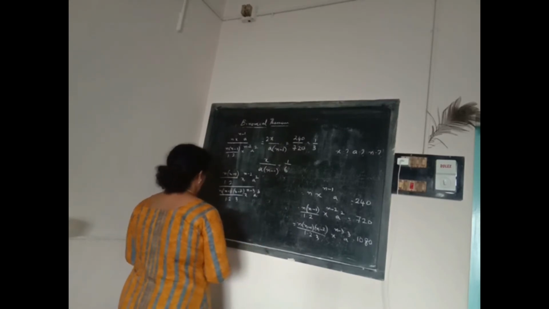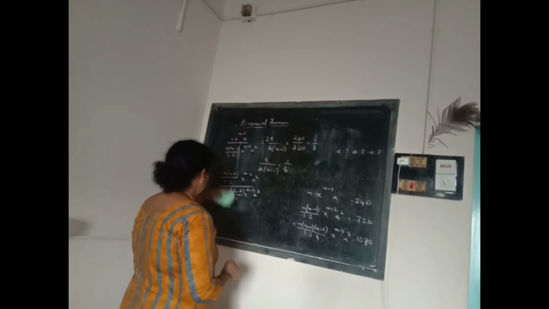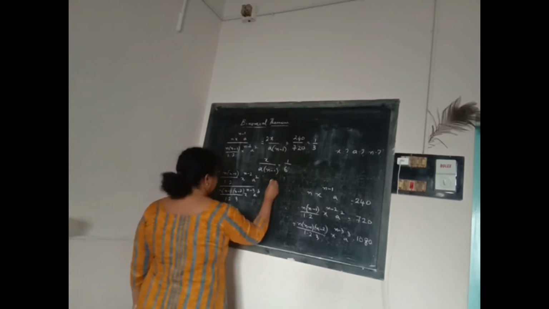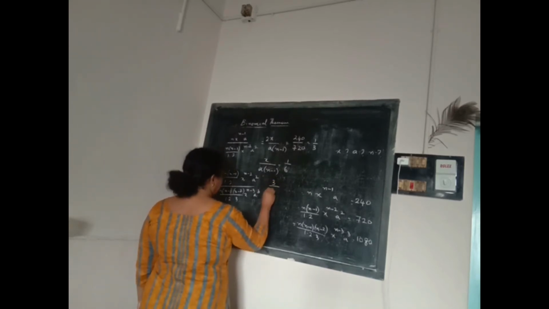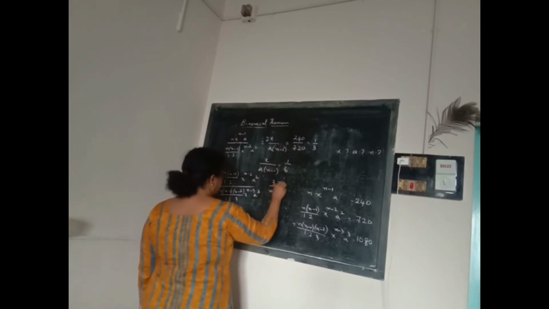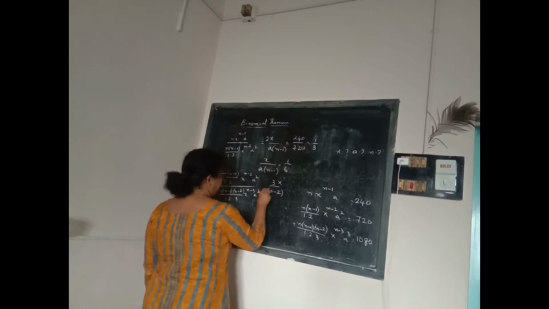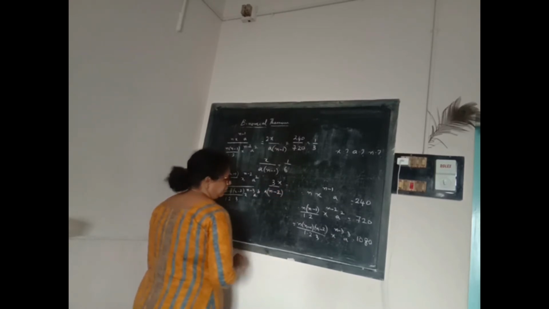So when you simplify, n into n minus 1 will go, 1 into 2 will go, n minus 2 will remain here, 3 will go up. So 3 by n minus 2, and in x, 1 x will go here, and 1 a down by a is equal to 720 by 1080.